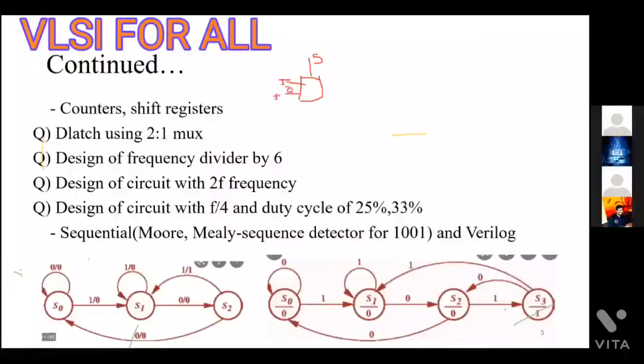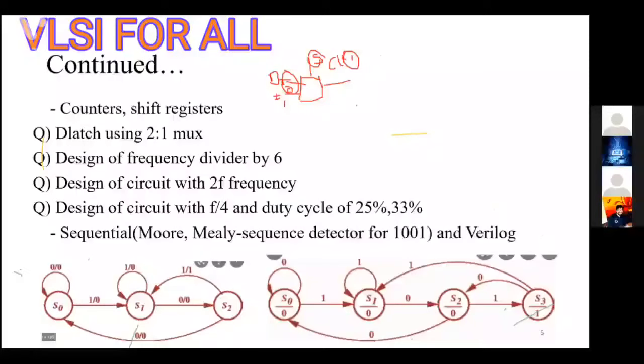So the basic operation of a latch is also the same. In the latch operation, instead of the select signal, you need to place the clock. Now, depending on the clock, the first input will be the direct data. If you assume the clock is equal to 1, then this first input should be selected.